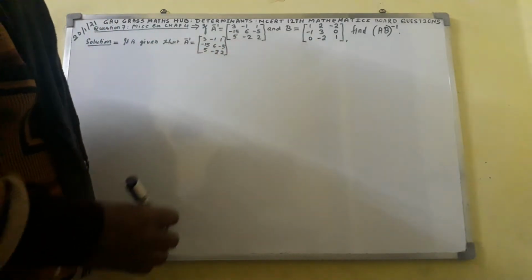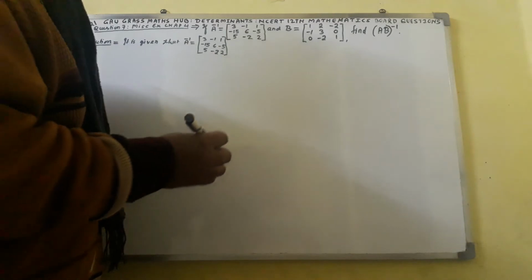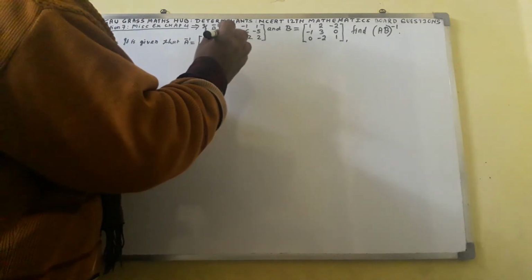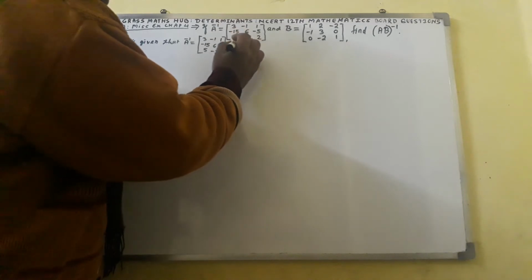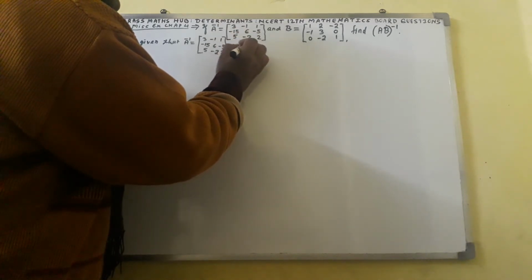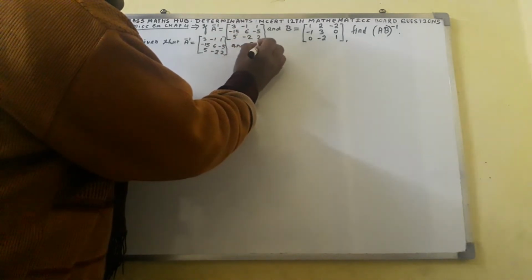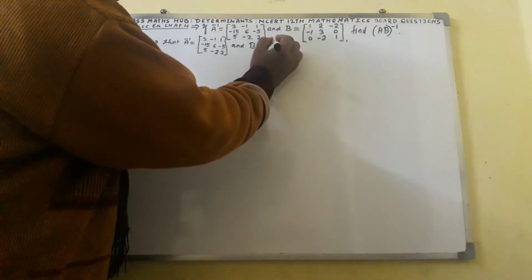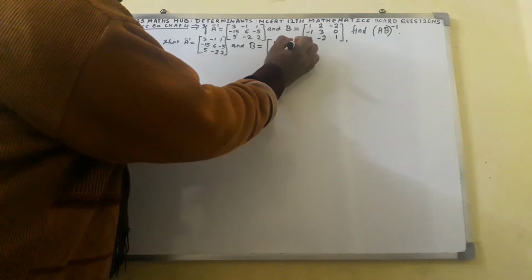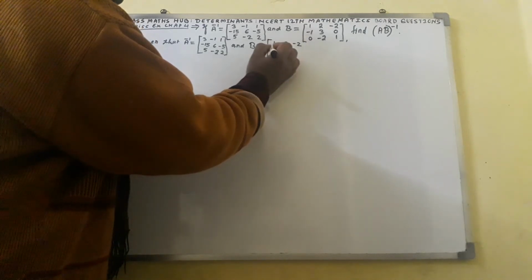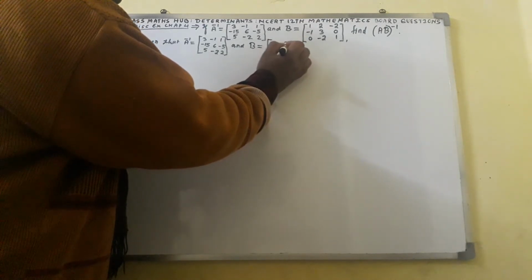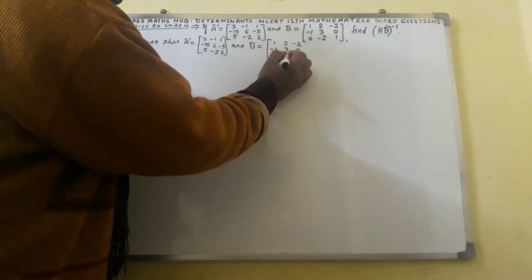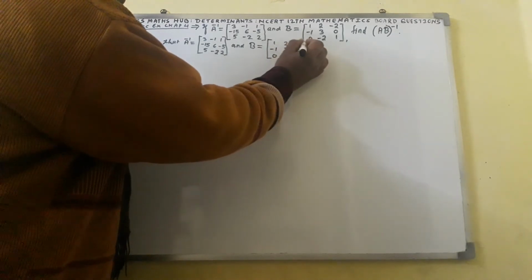Then it is given that B equals first row 1, 2, -2, second row -1, 3, 0, third row 0, -2, 1.